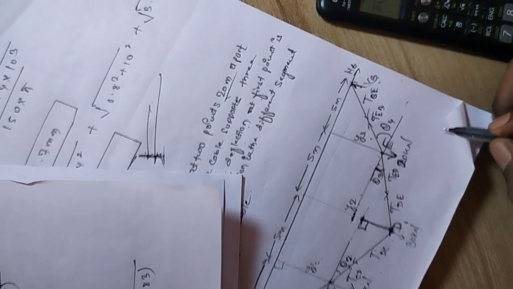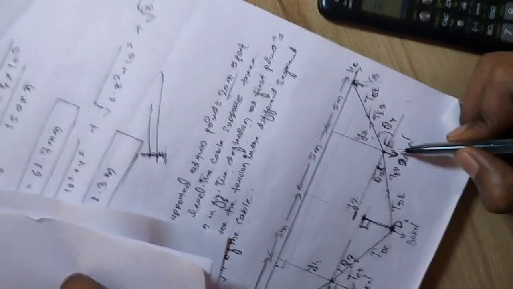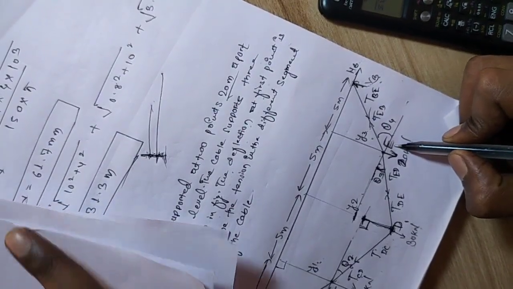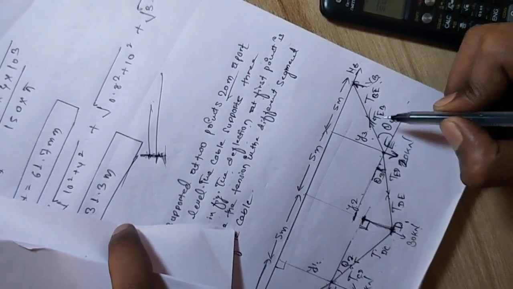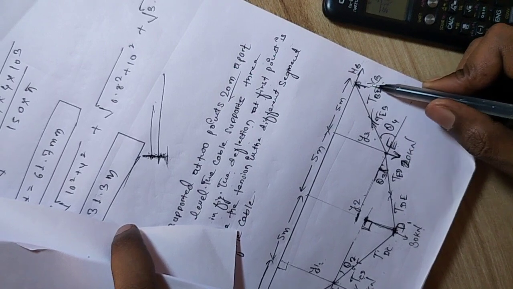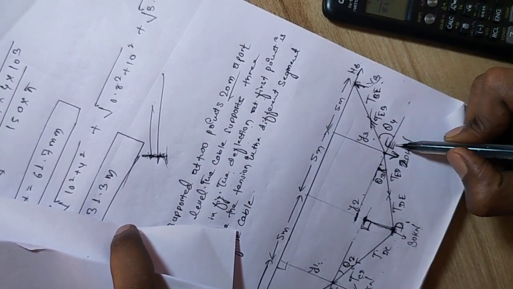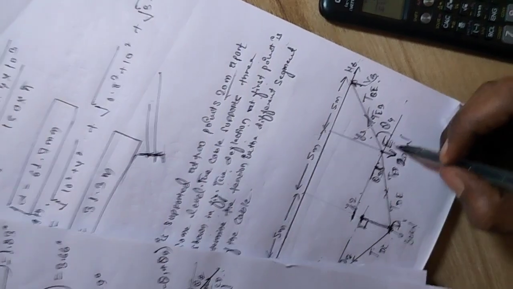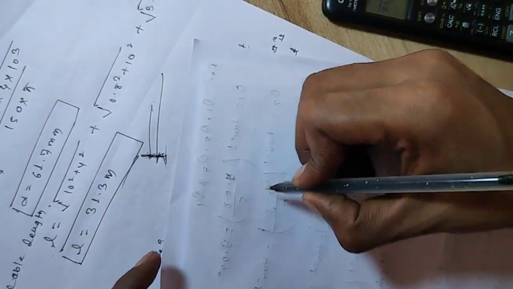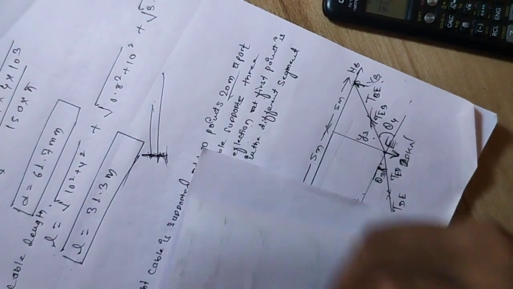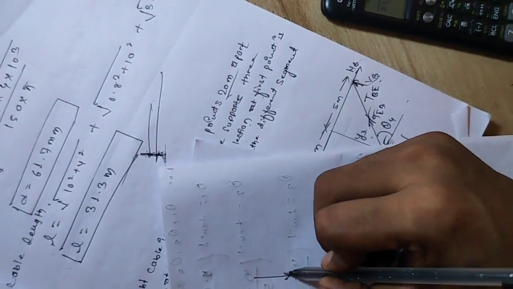For that, if you take Lami's theorem at point E, then we can get the tension on both cables, BE and DE. So we are directly going to apply Lami's theorem at point E only.